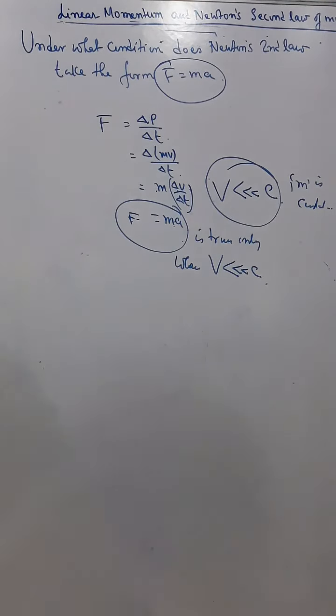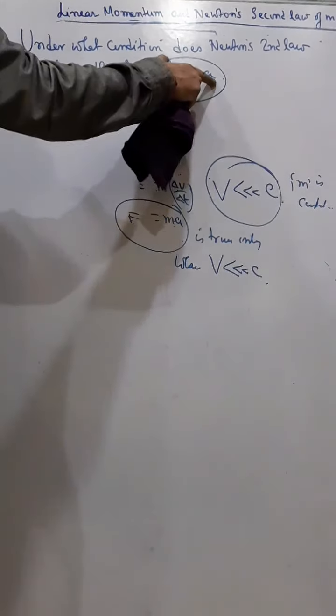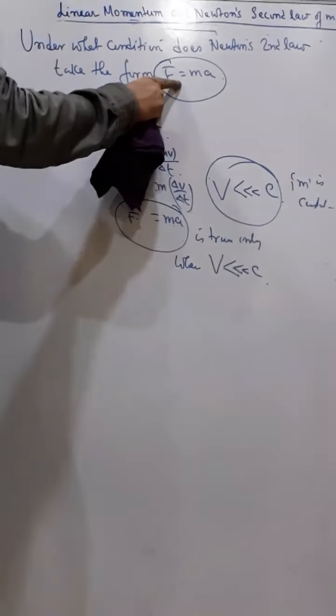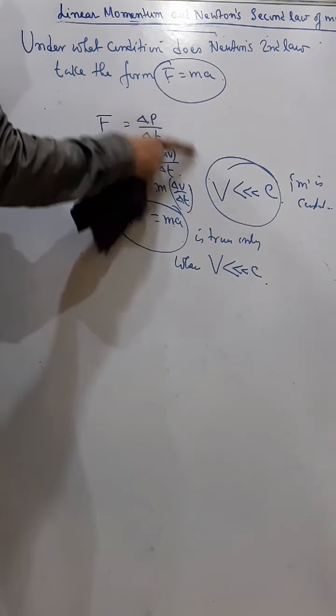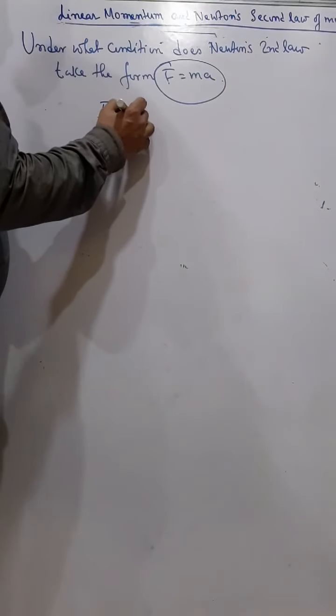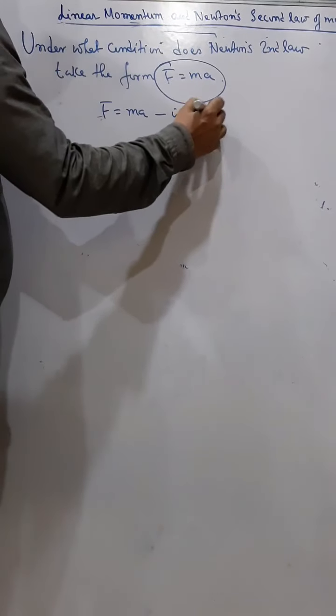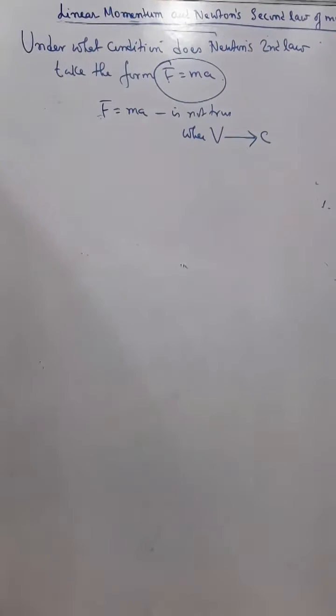Okay, but now let us take the other case also, when the velocity is approaching light. So F equals ma is true for Newton's second law of motion only when the velocity of the body is much less than light, and F equals ma does not hold true when the velocity of the body is comparable to light, means closer to light.